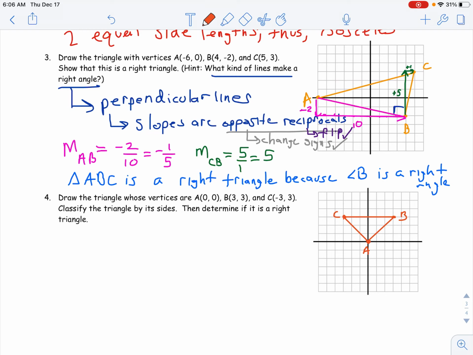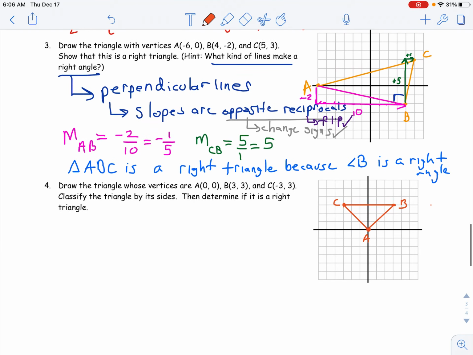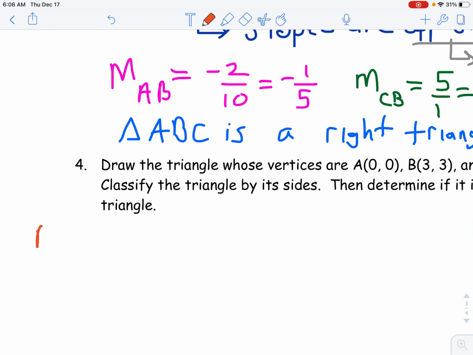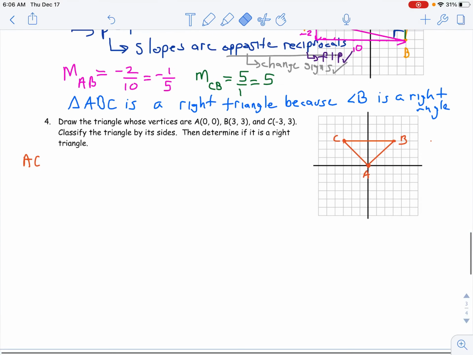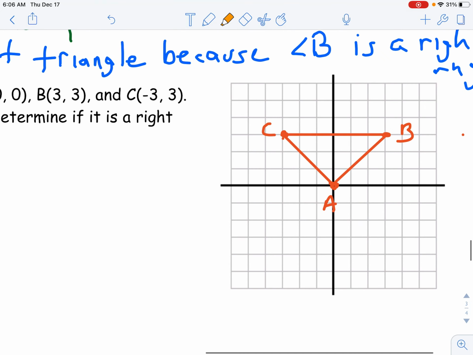We're going to do a different technique. All right, so I'm just going to focus on sides first. All right, so focusing on sides, let's do AC. Okay, so we did the distance formula before, but now we're going to switch up the methods and remember the Pythagorean theorem shortcut, and that's kind of going to be the punchline of this whole problem.